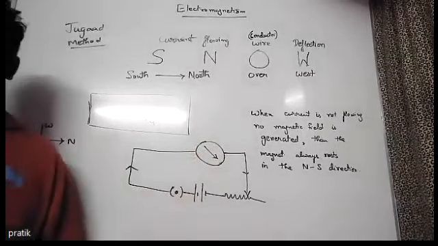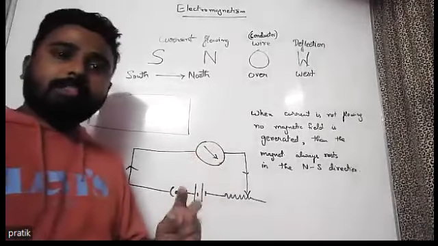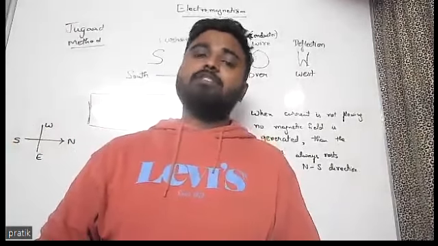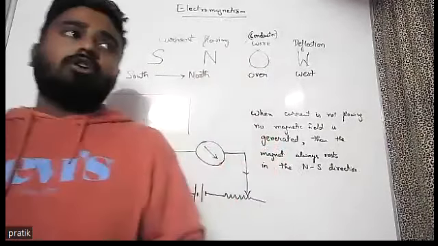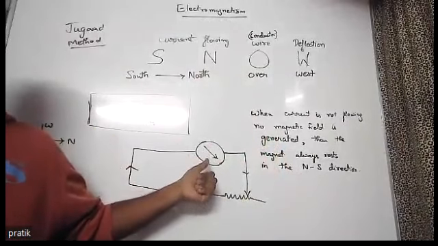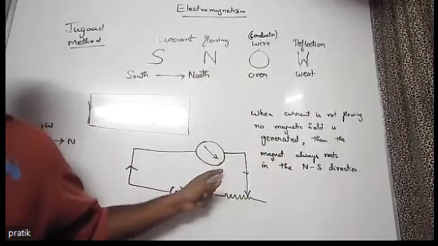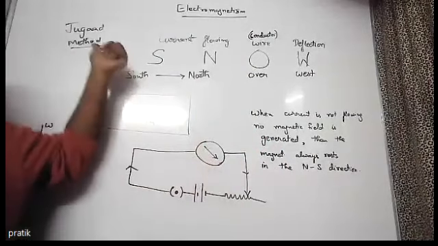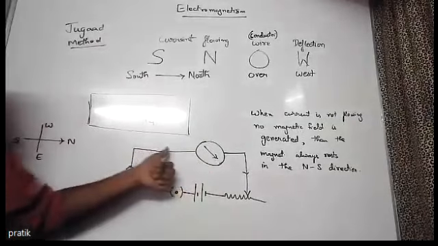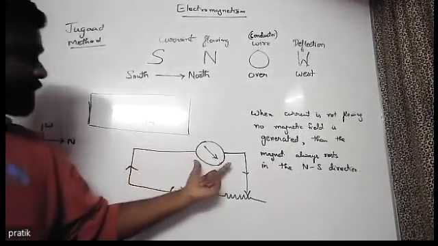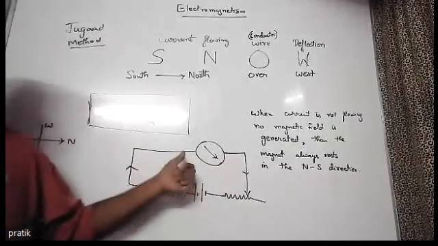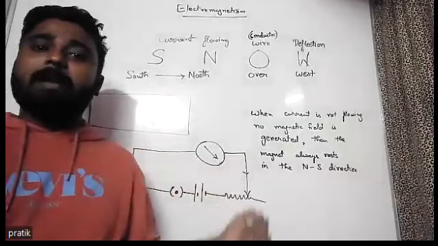Now, why is this compass deflecting? Compass can deflect only when there's a presence of magnetic field. Correct? Now suddenly we see that the magnetic compass is deflecting. Because of this, Oersted concluded that whenever current is flowing through the conductor, it will produce or generate a magnetic field.